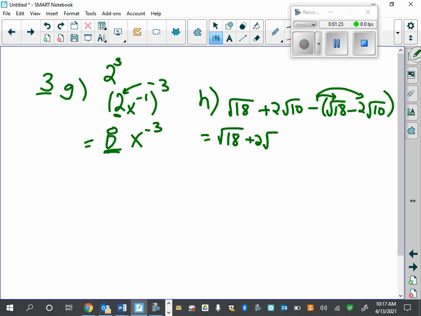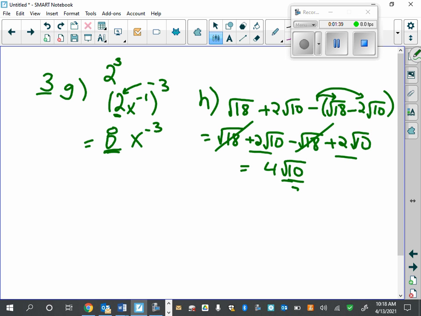I'm going to just distribute the negative sign and then cancel 1 radical 18, subtract 1 radical 18. And then I'm just going to collect like radicals. So you add the numbers, keep the radical, and then you just see, can I simplify the radical 10 further, which I cannot, but sometimes you can. And that's H. Anything else on that page?